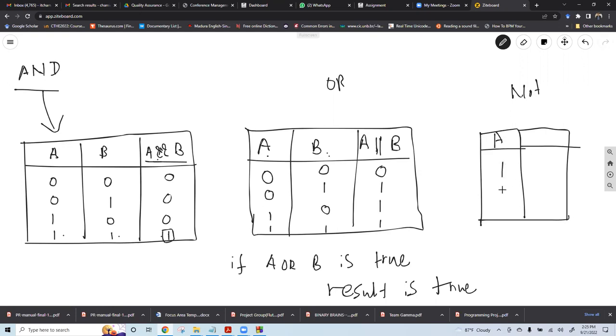Let's say, not. If A is 1, not A is 0. If A is 0, not A is 1.